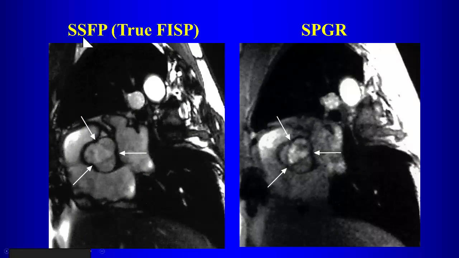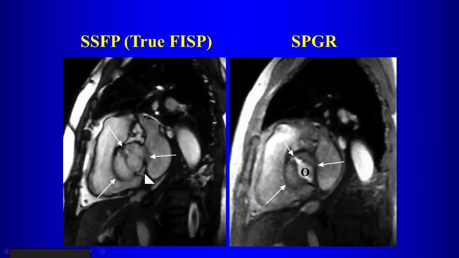So with true FISP or SSFP versus SPGR, you can see the aortic valve a little bit better. I found the SSFPs pretty good, usually good enough. But if you're having trouble, you can switch to these sequences if you specifically want to look at the aortic valve.